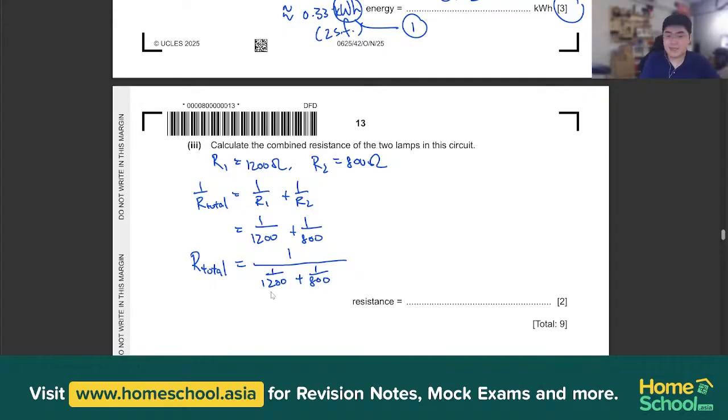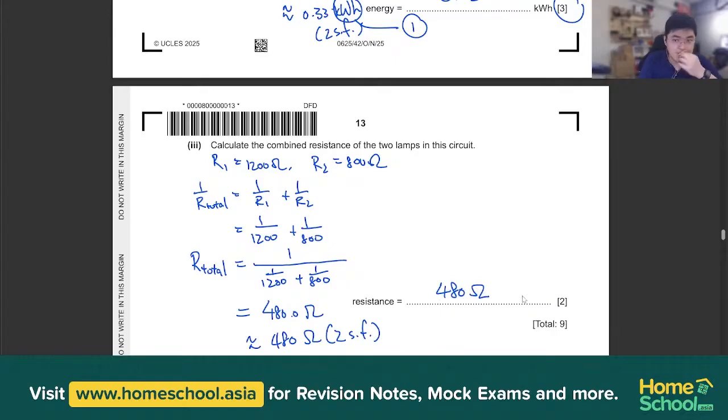Now let's do the mathematics. You get 480.0, which is 480 ohms in two significant figures. So the total resistance here is 480 ohms.